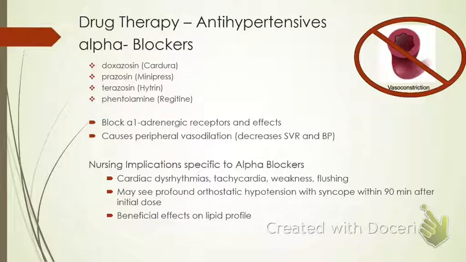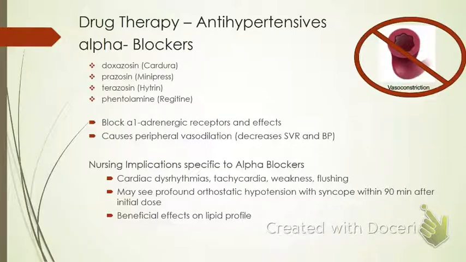I'm trying to remember antagonists and how it's working. I don't remember. They both cause vasodilation. This is just a different class. So again, you aren't going to be on an alpha blocker and an alpha agonist. That's why clonidine's an alpha agonist. I don't know how to explain that to you. I'll have to sit down and think about that. Maybe after lunch I can sit down and process how to explain the difference between alpha agonists and alpha blockers.